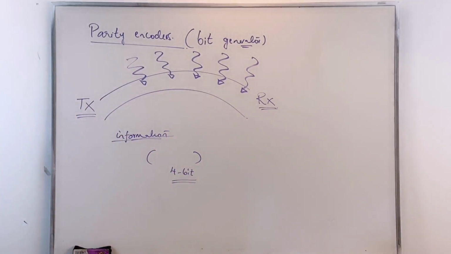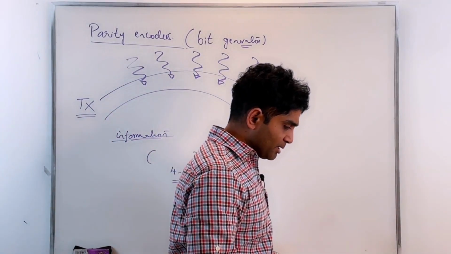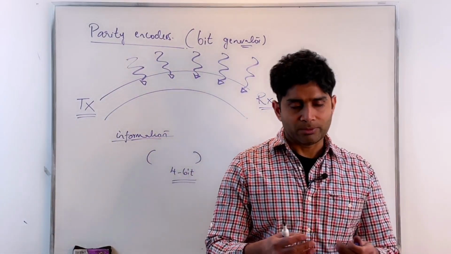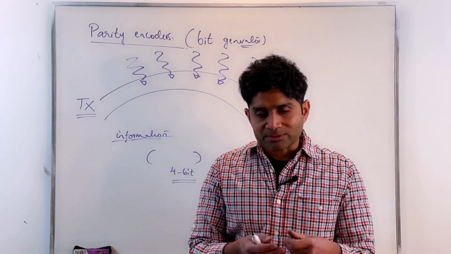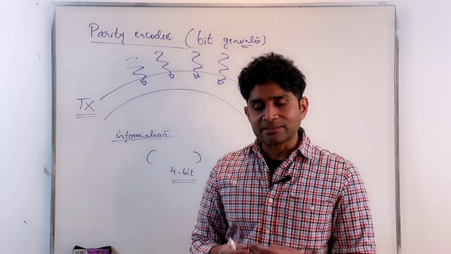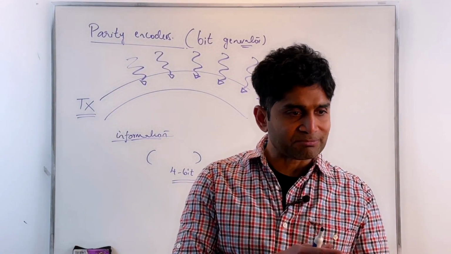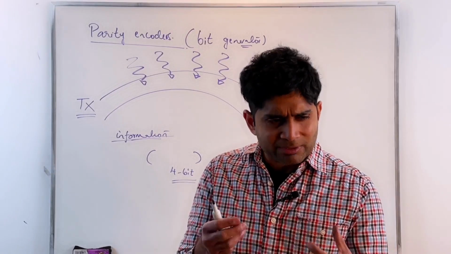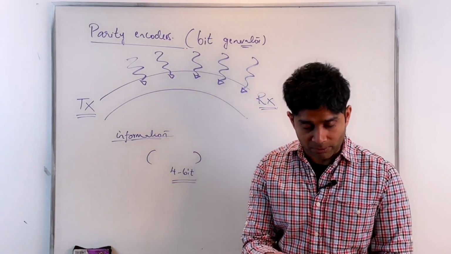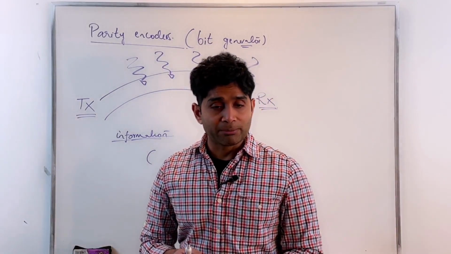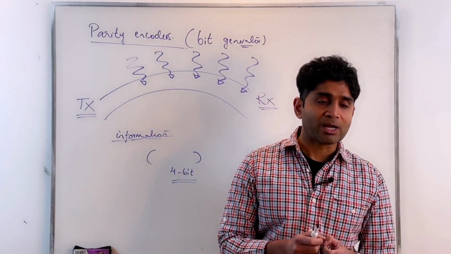And I need to have some kind of a mechanism at the receiving end to be able to decipher the signal, to see if there were any instances of corruption while these data bits were transmitted through the communication channel. So I have to have some mechanism by which error detection can be performed. That's the first step. I need to be able to detect the error, and I also need some mechanism to correct the error.